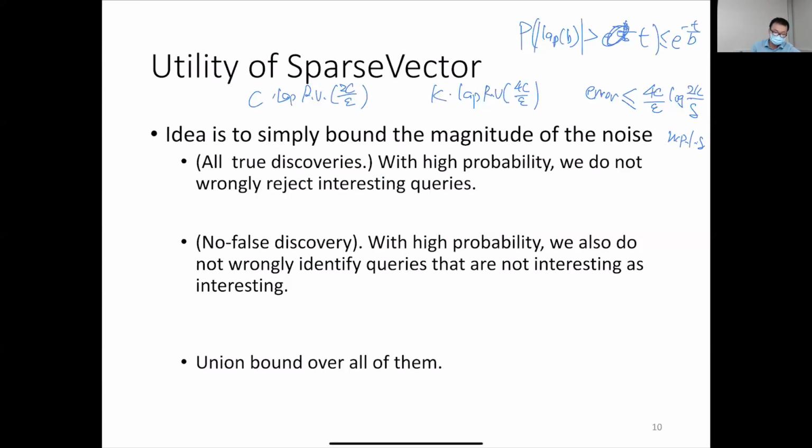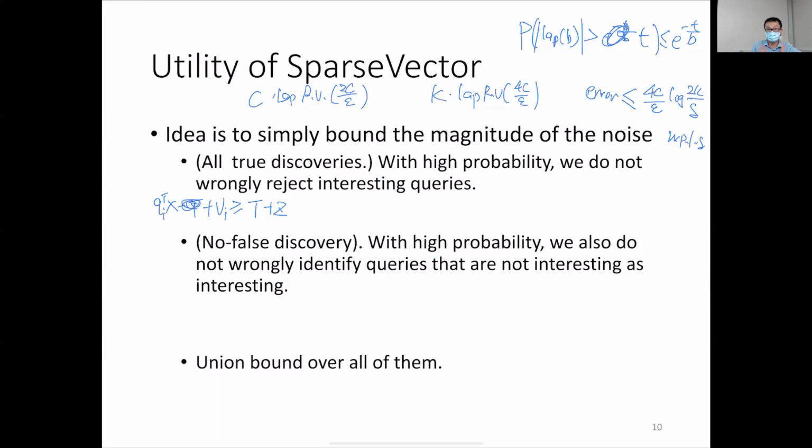Now that we have this, we can use it to show that all true discoveries are sufficiently interesting, and all rejections are not overly interesting. First, write down the decision rule: for one above threshold, q_i transpose x plus noise nu_i is larger than T plus z.